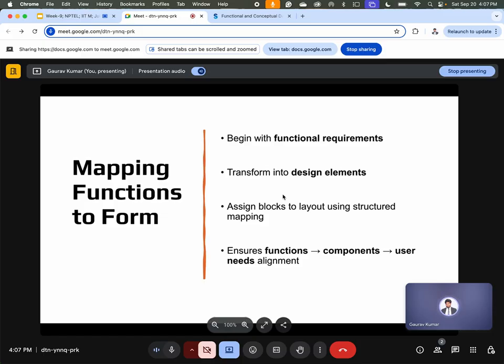By assigning functional blocks to a layout structure, designers create alignment between product functions, components, and user needs. This ensures not only technical feasibility but also coherence of product usability, performance, and customer satisfaction.